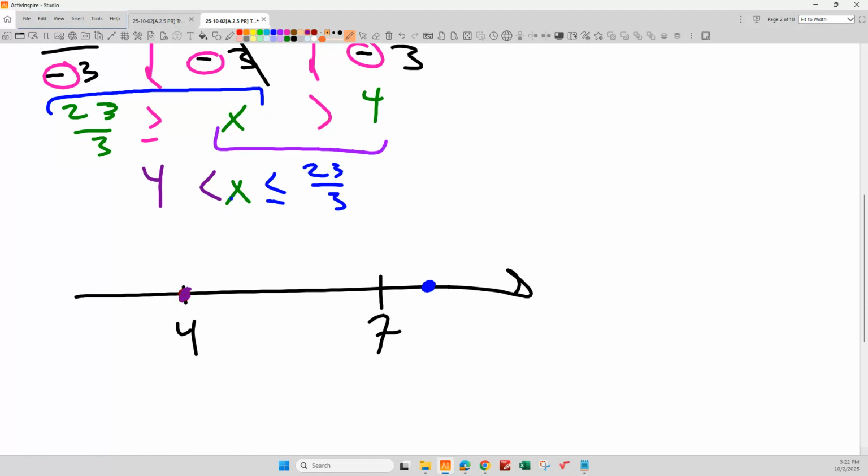I want all the values greater than 4 and less than 23/3. Wouldn't that just be everything between those two extreme values, those endpoints? Okay, give me 1 to 5. Because that's the hardest one I could come up with. If you can deal with that compound inequality, you can do any of them. That's a tough one. There's a lot going on there. Okay, is that making sense? Okay, all right.